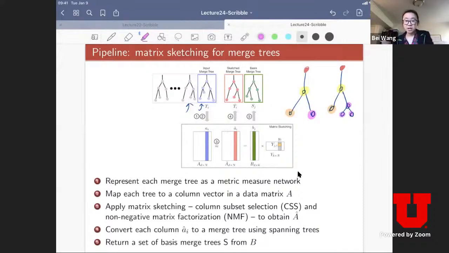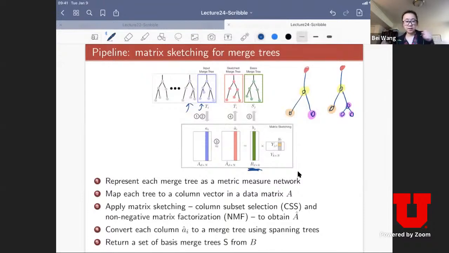Now, step 3 is what I just explained, what's called matrix sketching, and there are 2 types that we use. One is called column subset selection. Column subset selection is the one such that the matrix B is formulated by selecting some columns from matrix A. So the basis that I'm formulating is coming from the original input.